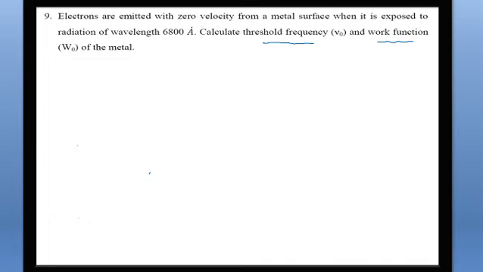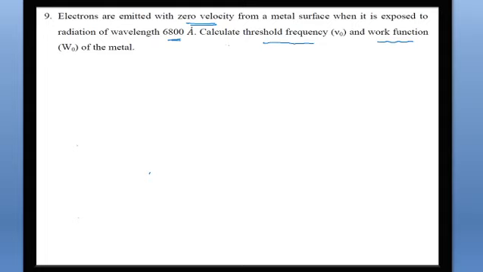We have zero velocity, so hence kinetic energy is also going to be zero, right? When it is exposed to radiation of this wavelength, the threshold frequency and work function of the metal have to be calculated.